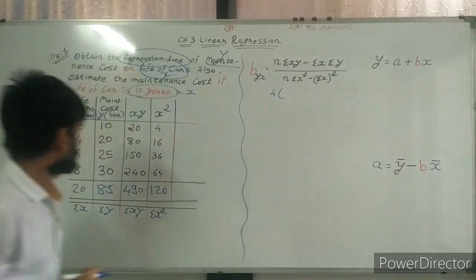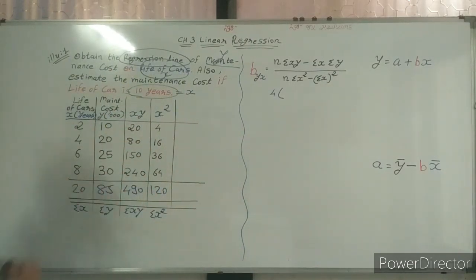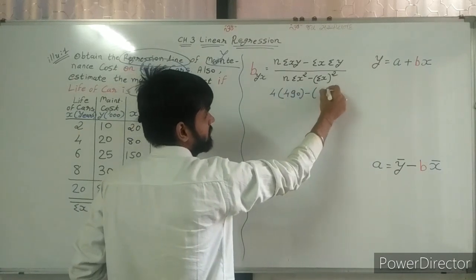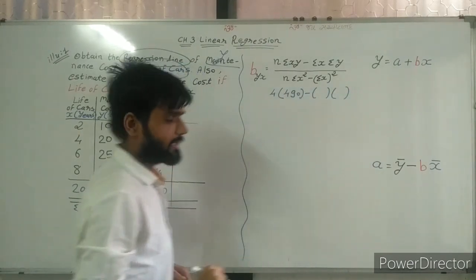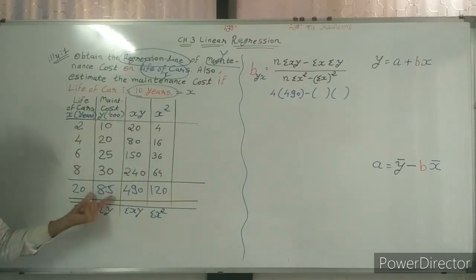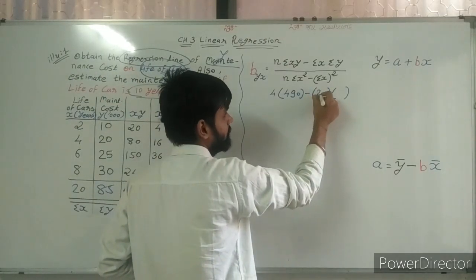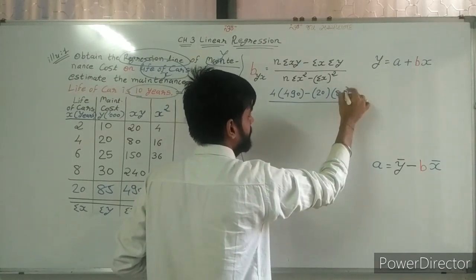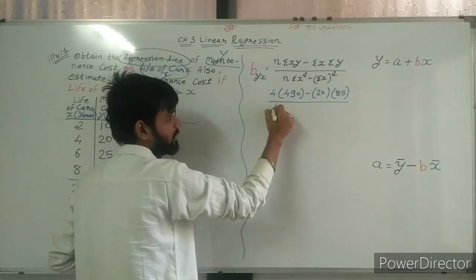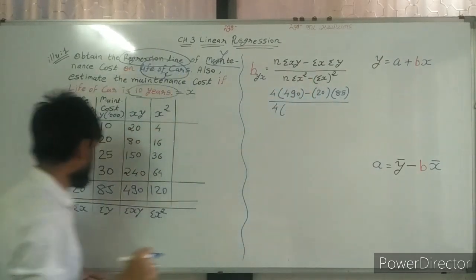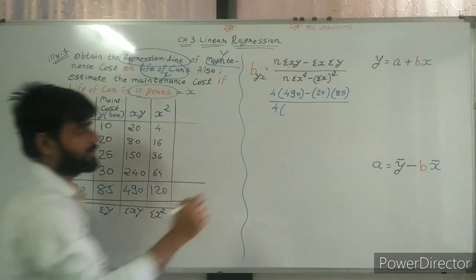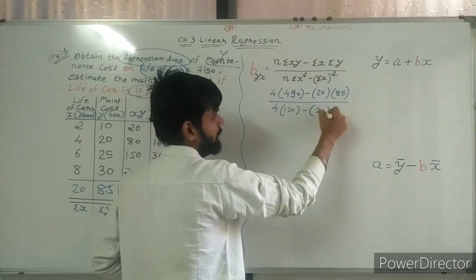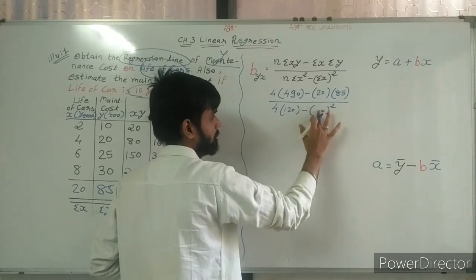Sigma xy is 490. Then minus sigma x sigma y: sigma x is 20, sigma y is 85, so 20 times 85. Divided by n, again 4, times sigma x square, 120, so 120 minus sigma x whole square, 20 whole square.